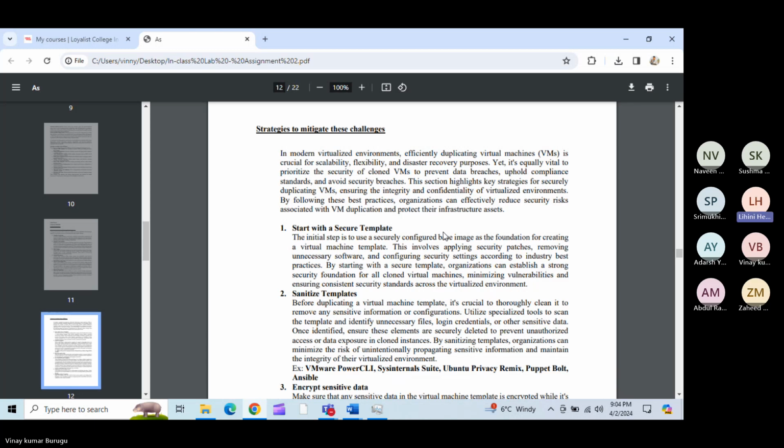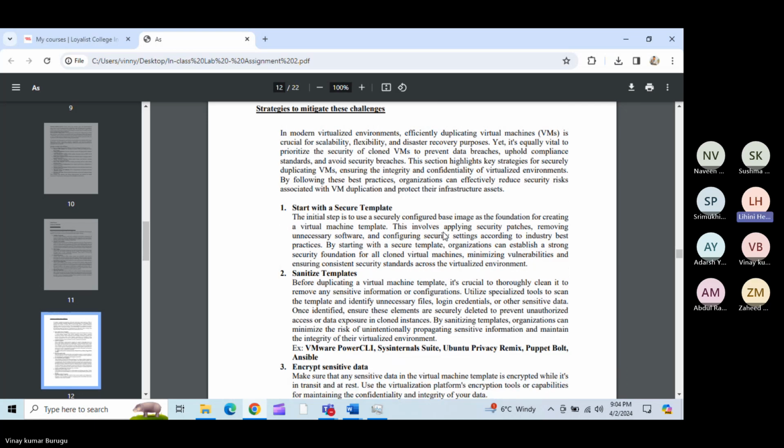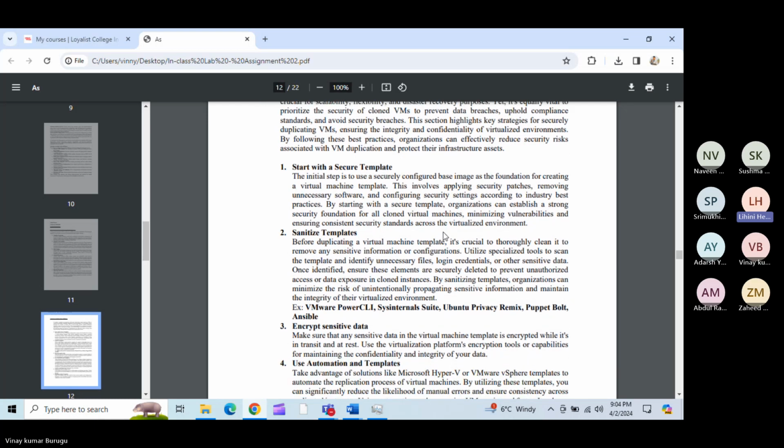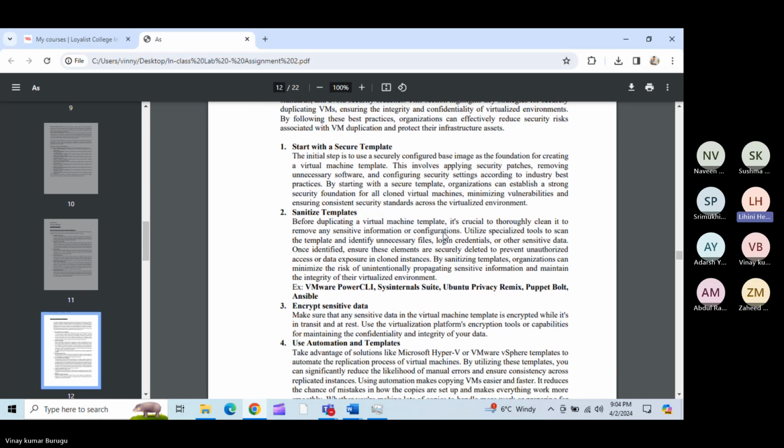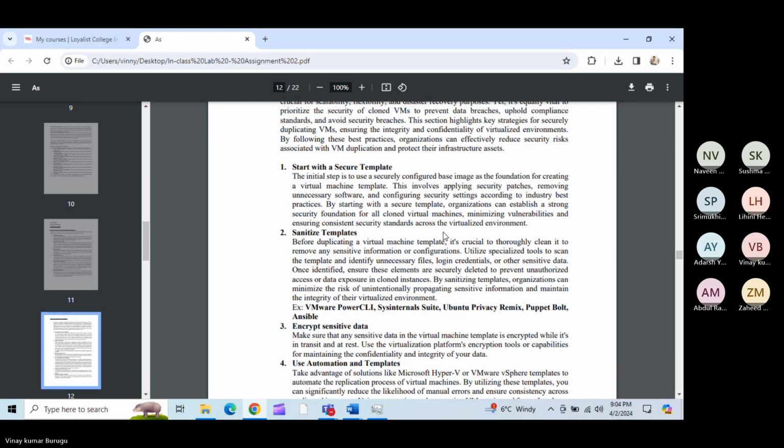The second one is to sanitize the templates. Before duplicating a VM template, it's crucial to thoroughly clean it to remove any sensitive information or configurations. Specialized tools can be useful for this process.